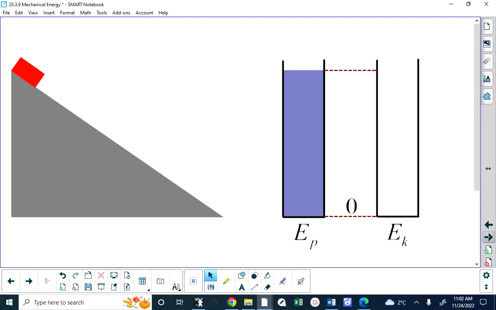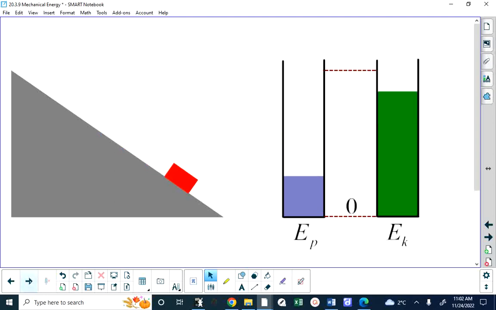If I let it slide down and I take a snapshot at some later point in time, it will have less potential and more kinetic. If you're watching this on video, you can't see this action, but it doesn't go blink like that. It does this. It's a gradual thing. I didn't feel like making a flash animation or anything here. I just did a cheapo, cartoonish flip book. Remember those flip books?